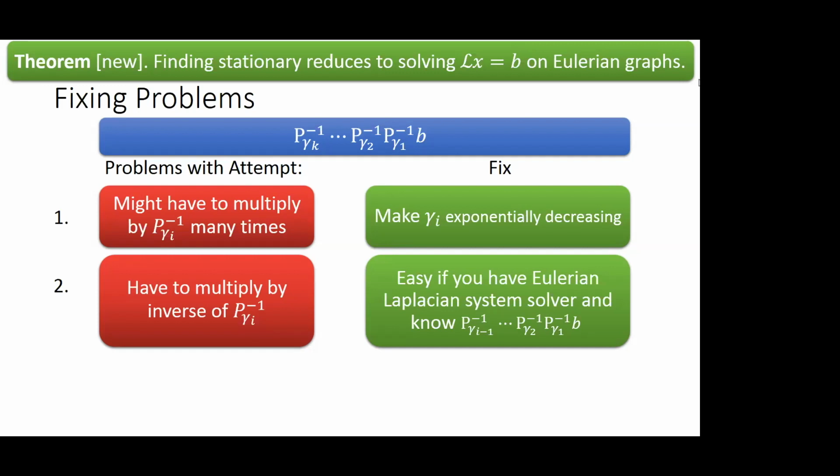So in other words, if we want to multiply any vector by p gamma I inverse, we can do that given this Eulerian Laplacian system solver, which we haven't said yet how to do, and with knowledge of the vector product of p gamma I minus 1 inverse all the way down to p gamma 1 inverse times b.